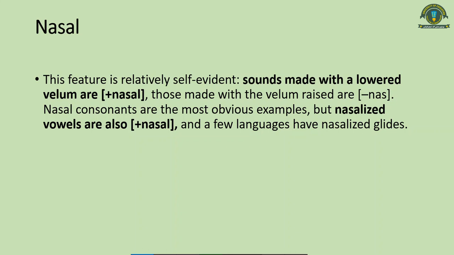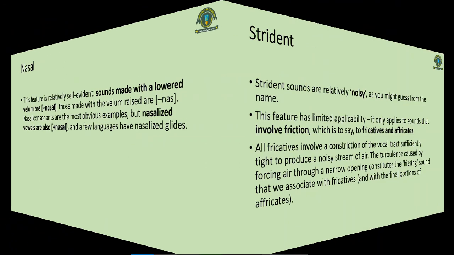Like if you say the word ma, the nun gunna actually represents a nasal vowel. If you say the word main, again the nun gunna represents a nasal vowel. So nasal vowels and nasal consonants both will be categorized in this feature.